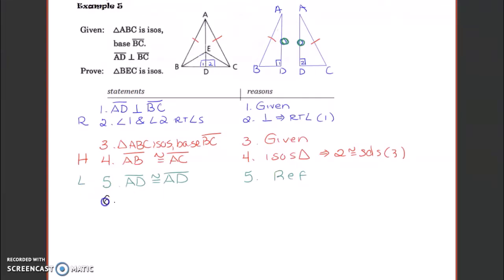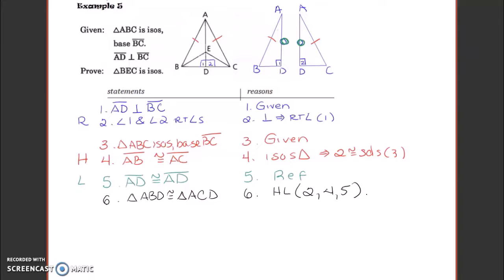So now we have triangle ABD congruent to triangle ACD by HL, and my right angles are in line 2, my hypotenuse is in line 4, and the leg is in line 5.